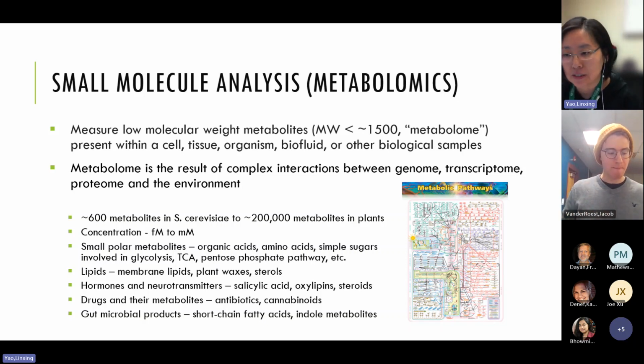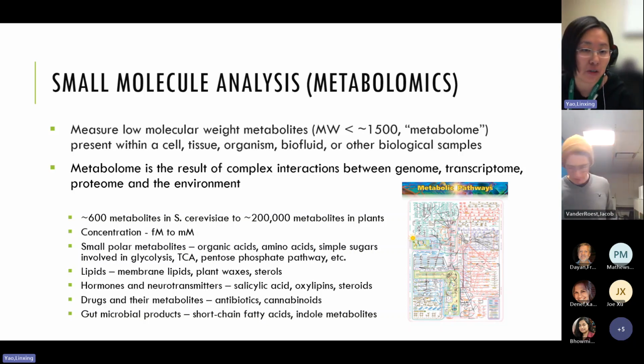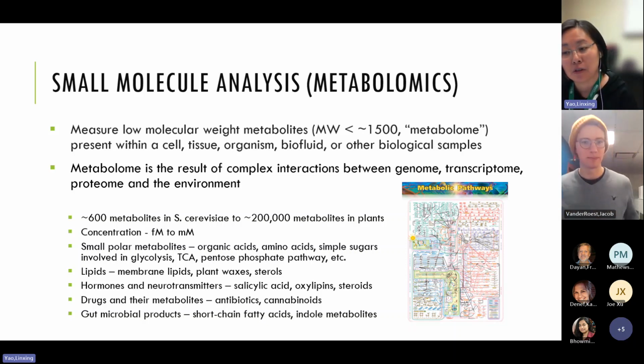The potential size of the metabolome can range from 600 metabolites, such as in yeast, to 200,000 metabolites in plants. The concentration of the metabolome also has a wide range that can be 5 to 6 orders of magnitude.